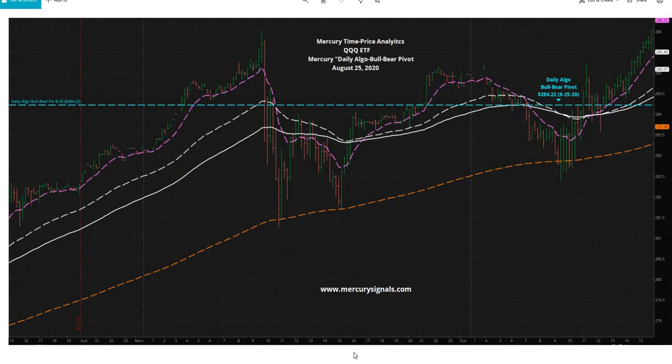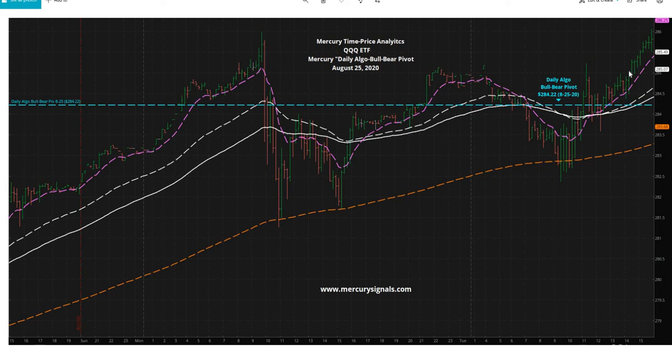All right. Now we're moving on to today. So here's QQQ. One of the most valuable metrics we have is the single daily bull bear pivot. Now, this is an algo that is calculated each morning over 90 minutes before the market opens. And that is the single most important number on the board every day.